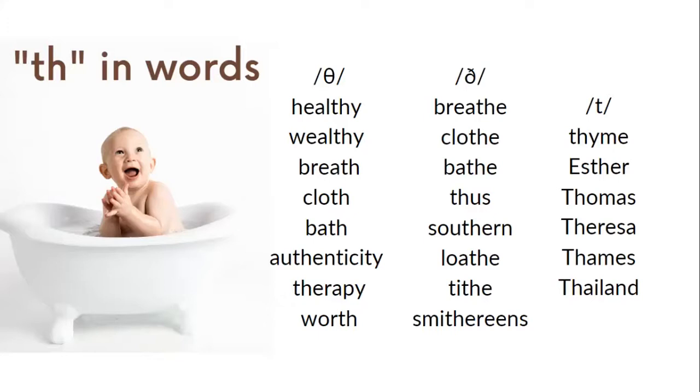Thyme, that spice, is not thyme with th, it's pronounced the same way as time. 60 seconds make 1 minute, and the rest of them: time, minutes, seconds, hours. Then Esther, every other name here, name of a person or place: Esther, Thomas, Teresa, River Thames. Thai, in Thailand, you have the TH as T.